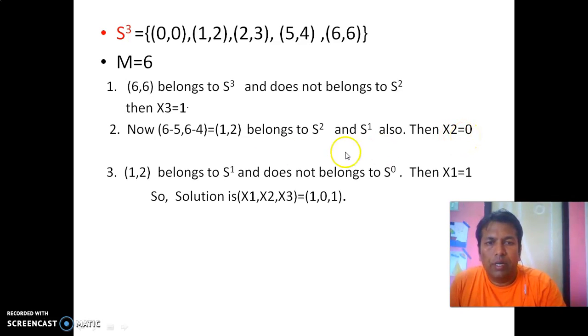Then check again whether 1, 2 belongs to S power 1 and S power 0. 1, 2 belongs to S power 1 and doesn't belong to S power 0, so we make x1 as 1.